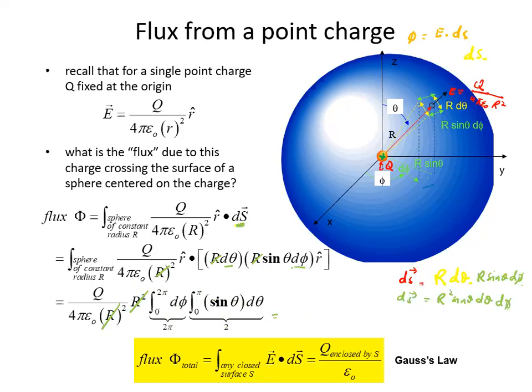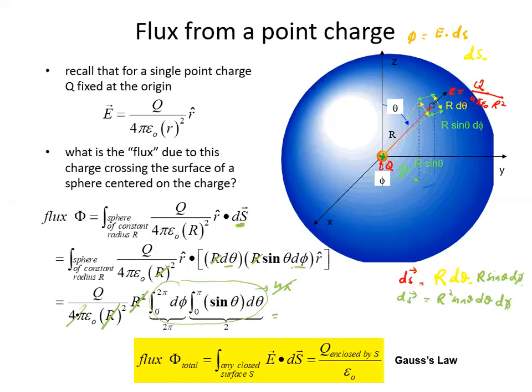Of course it is 2, it is cos 0 minus cos pi, which makes it equal to 2. So this entire thing is 4 pi, and this 4 pi will go away with this 4 pi.